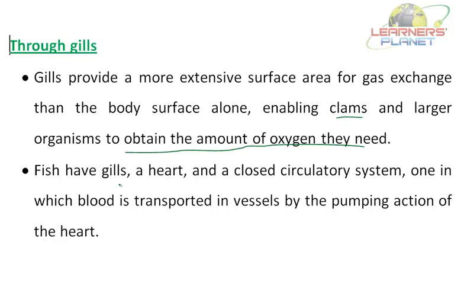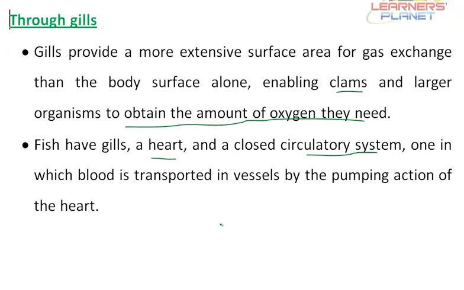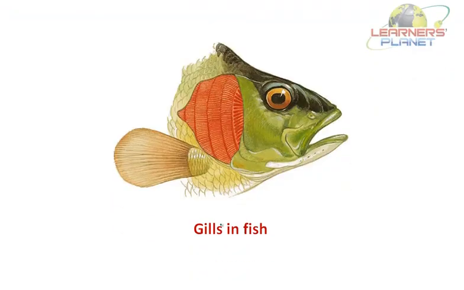So fish have gills, they have a heart and a closed circulatory system, one in which blood is transported in vessels by the pumping action of the heart. So now let us see what is present in the fish. Here you can see gills in fish.